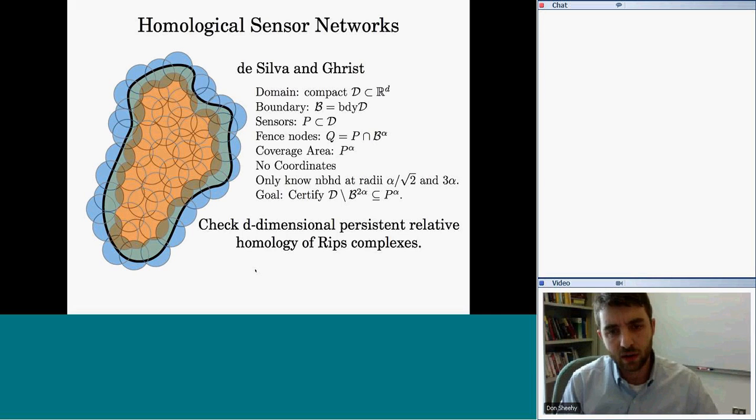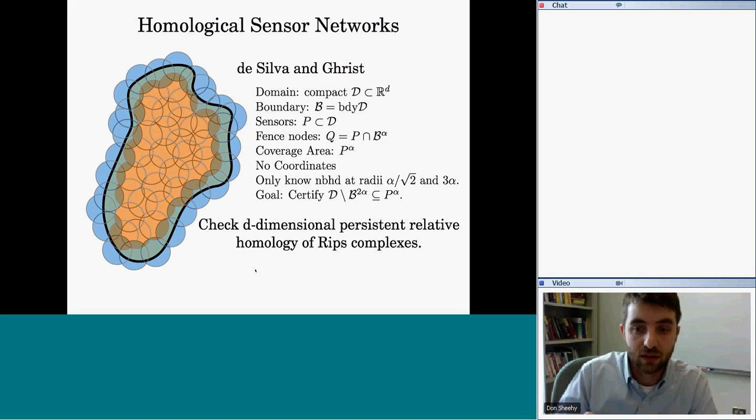The main result of Ghrist's work, at least the d-dimensional version, said that if you have no coordinates, but you know the neighborhood of each point, you know which sensors are nearby at, say, a radius something like alpha over square root of 2, and then maybe which ones are within distance 3 alpha, you can certify, or check, give some proof, that this set D minus alpha, so you took the set D and you shrunk it in by alpha, is covered, so it's contained in P^alpha.